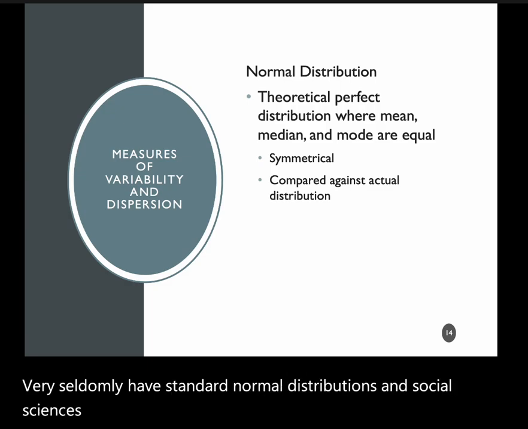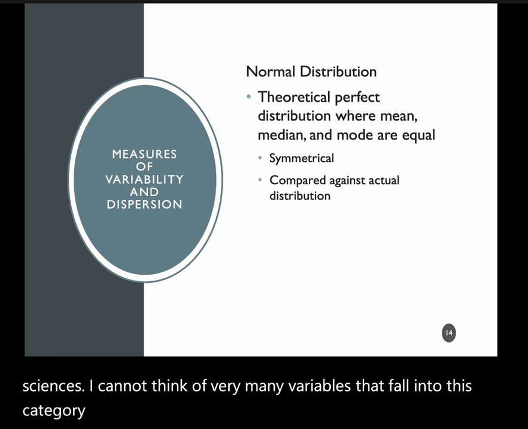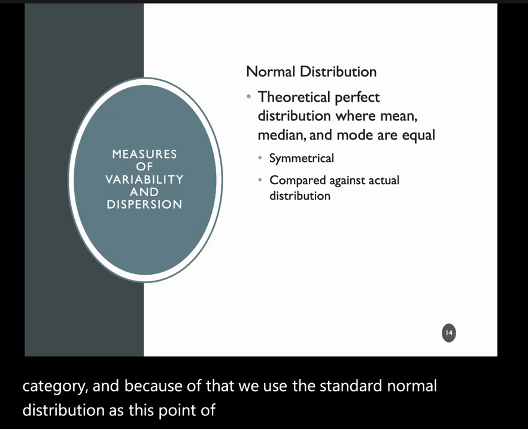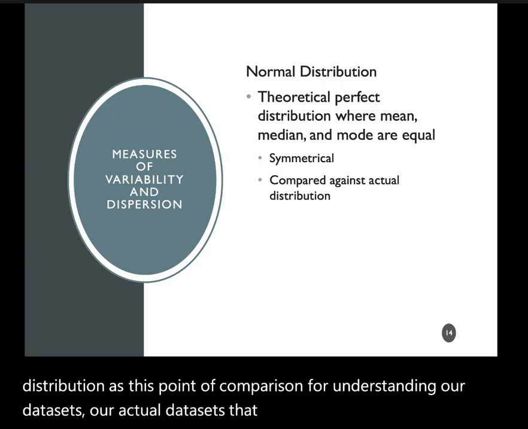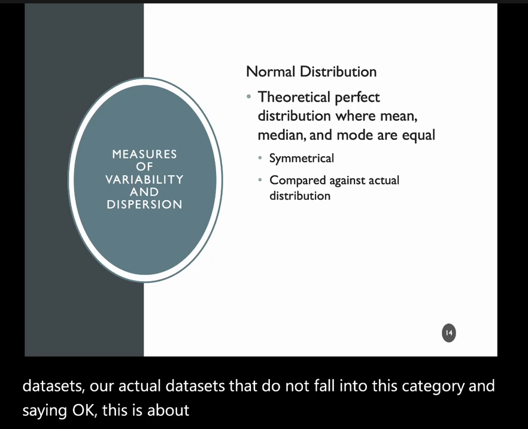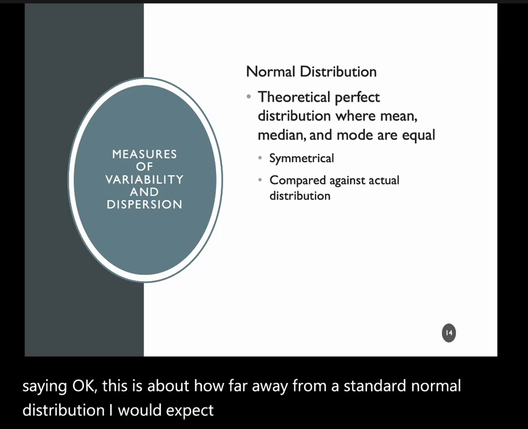I cannot think of very many variables that fall into this category. And because of that, we use the standard normal distribution as this point of comparison for understanding our actual data sets that do not fall into this category, and saying, okay, this is about how far away from a standard normal distribution I would expect my distribution to be.